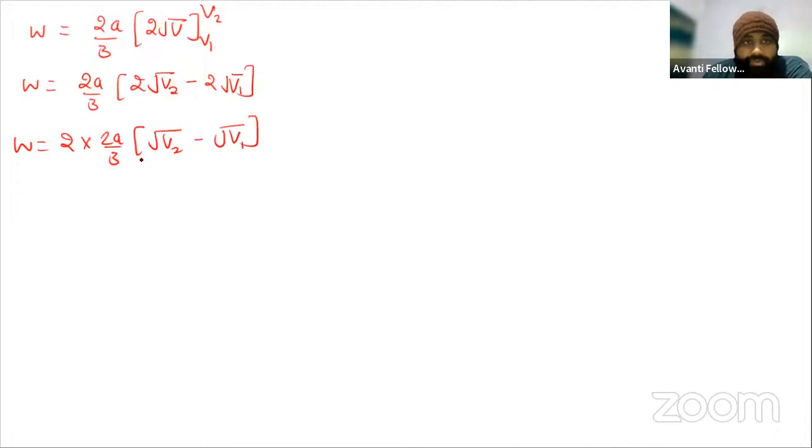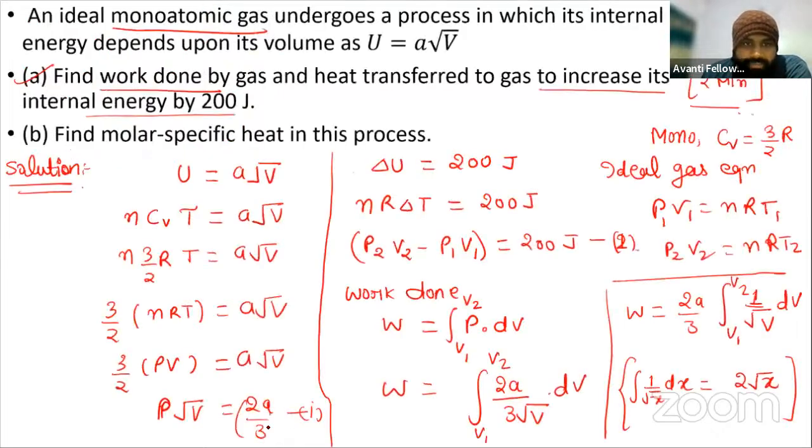Now we need to convert it in terms of pressure and volume. How can we do that? If you put the value of 2A by 3, which is P root V, because this is the process equation. For the initial state, you can write it as P1 root V1, and for the final state, P2 root V2.